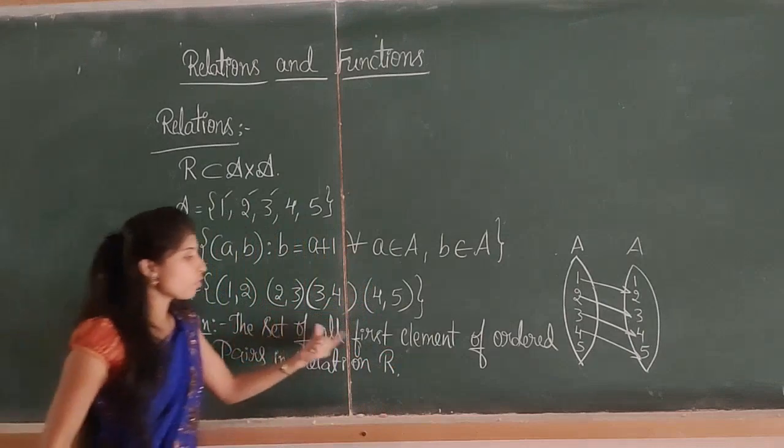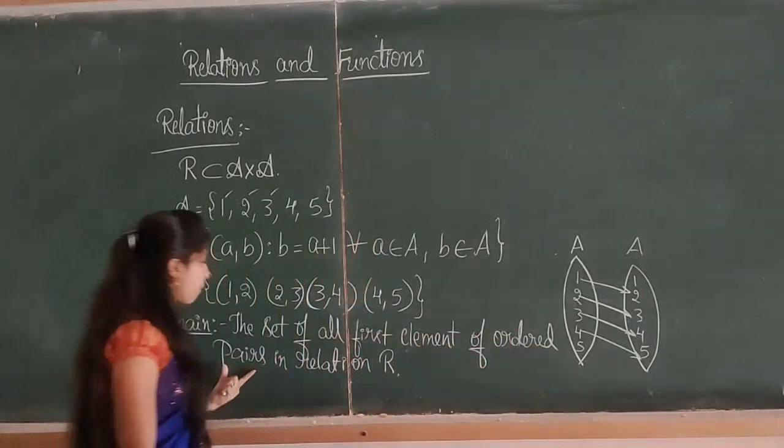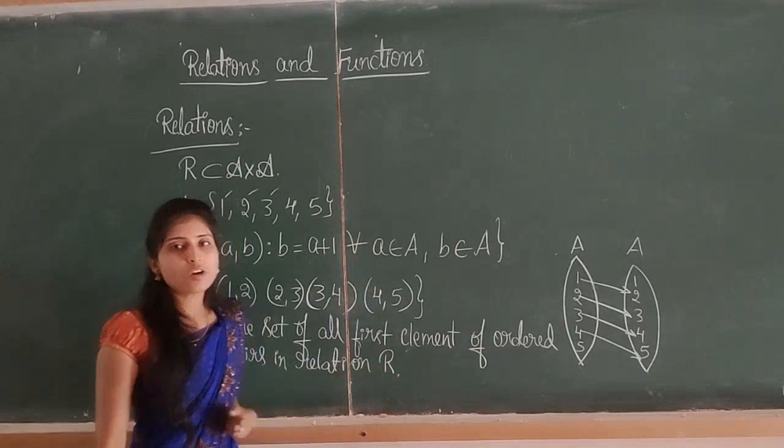See here, the set of all first elements of the ordered pairs in relation R, we call it the domain.